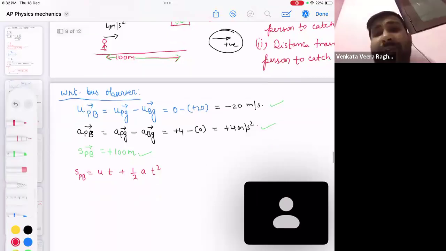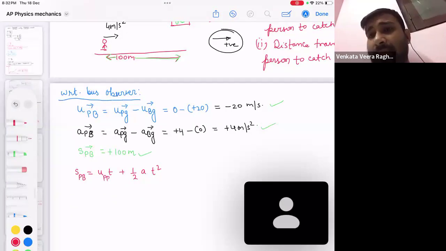So can we apply this equation? Displacement of person with respect to bus equals initial velocity of person with respect to bus times t, plus half acceleration of person with respect to bus times t squared, right? So here we are going to apply the equation of motion for the relative motion, using relative acceleration.